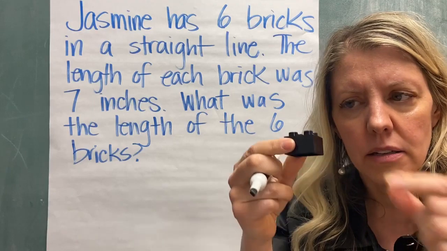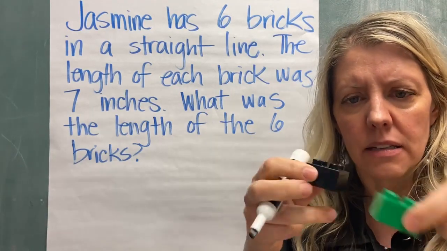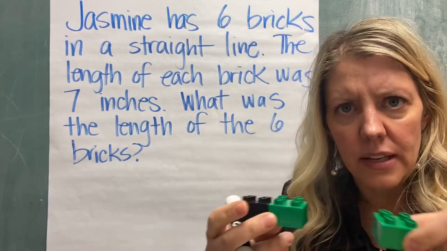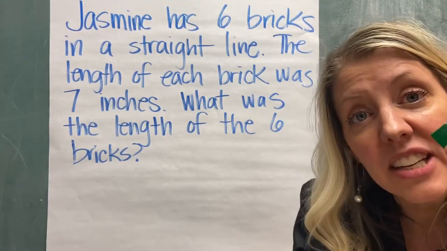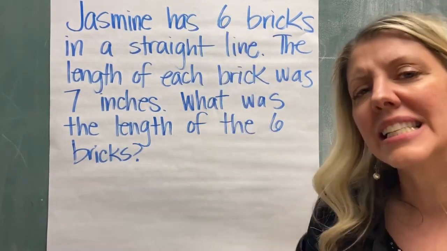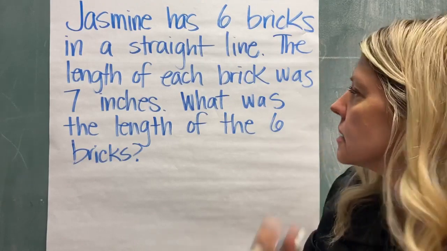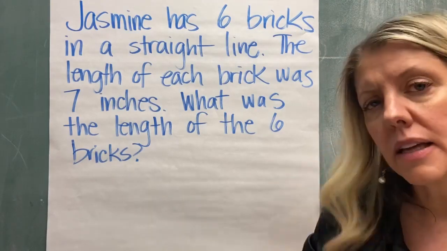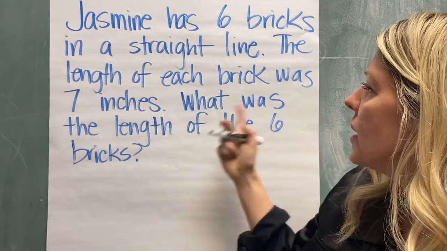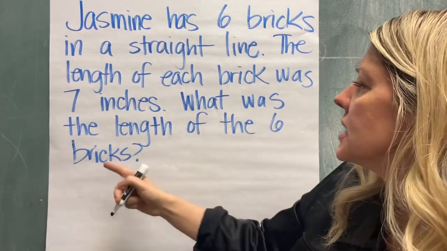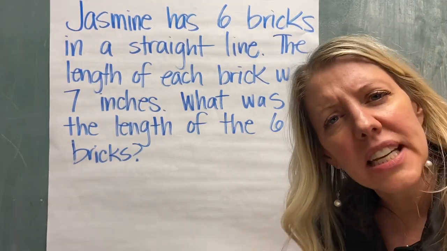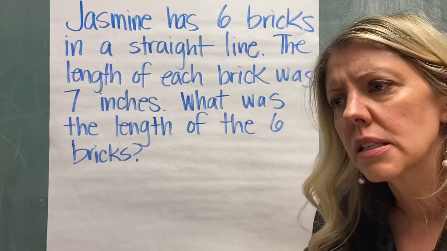So she's got 7 inches and 7 inches and 7 inches, and she has 6 bricks. Okay? Let's keep going. I think I have a picture in my mind. What was the length of the 6 bricks?